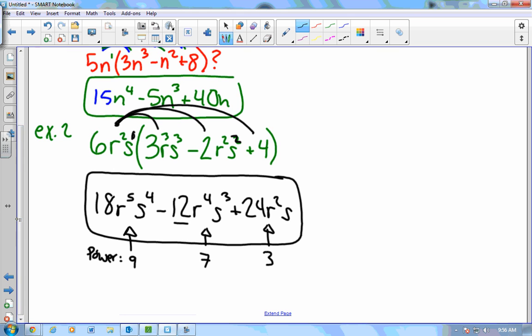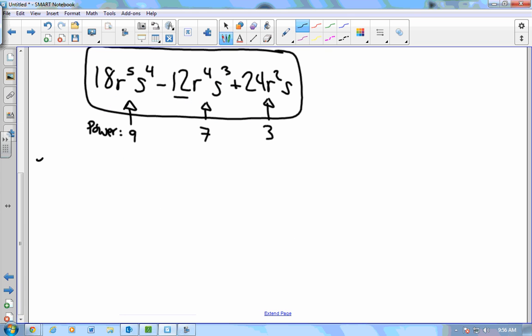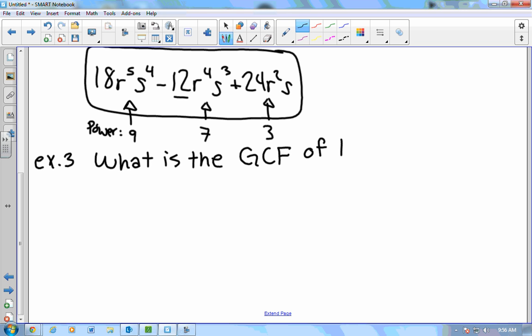Okay. Example 3. What is the GCF? Remember, GCF is greatest common factor of the terms of this trinomial. 3x to the 4th minus 9x squared minus 12x.